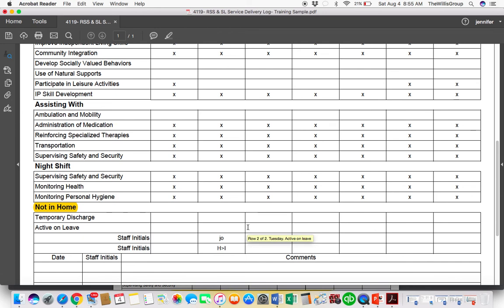So your initials should be going here. On the weekends you're going to see a different person's initials, because we have two different people that are coming in on the weekend. So their initials should be going here. So if you work during the day, here. If you work at night, here. Same thing.